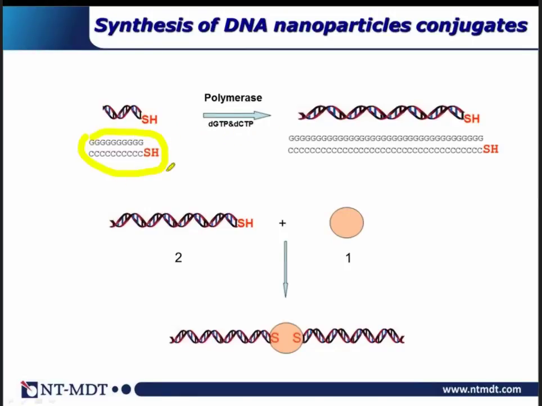We mix this template primer system with polymerase and GDP and CDP, and polymerase does its job. It extends this short template primer system into a very long double-stranded molecule, which in this case contains an SH group at one end. Then we mix gold particles with these synthesized molecules, and sulfur interacts with gold, producing this kind of conjugates.